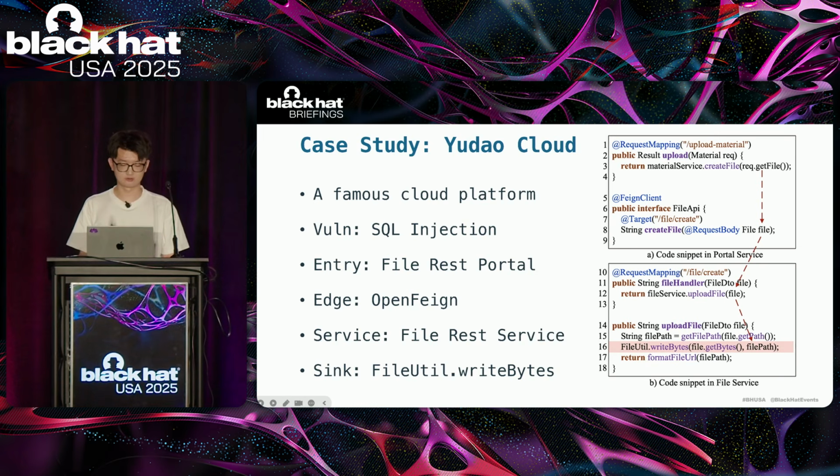Because the taint flowed through several services, traditional detection tools such as CodeQL would likely miss it. MScan was able to catch this hidden vulnerability because it can track data flow end-to-end in a microservice system.